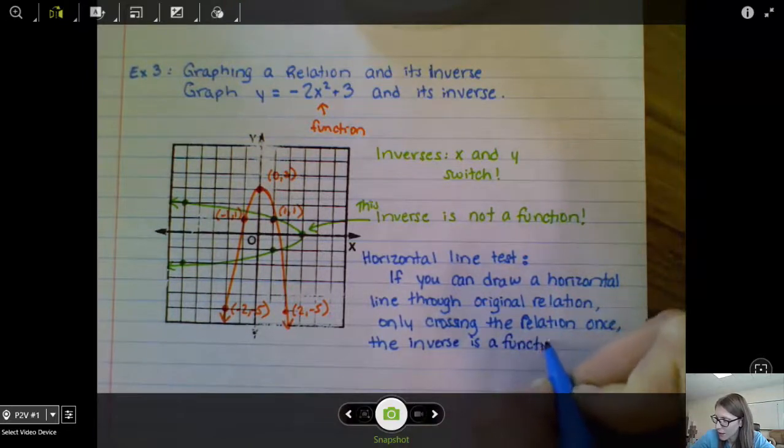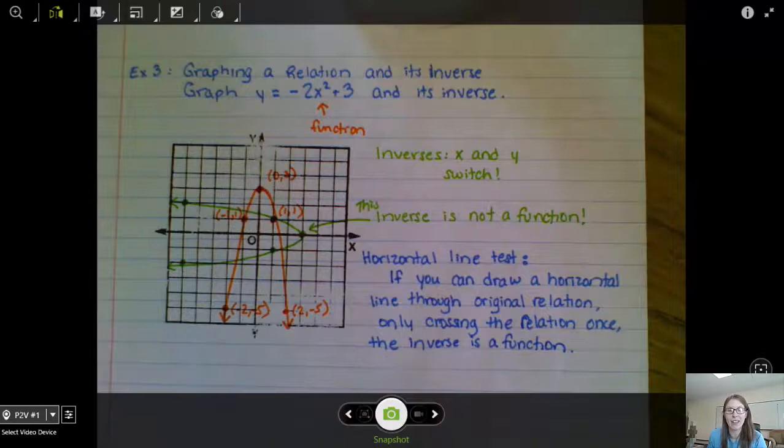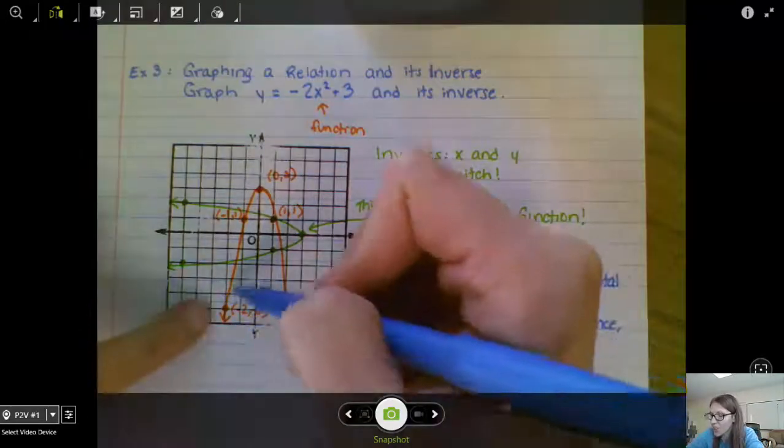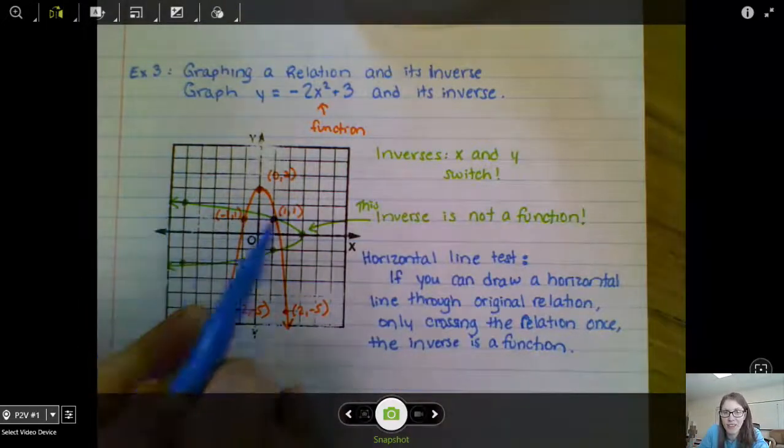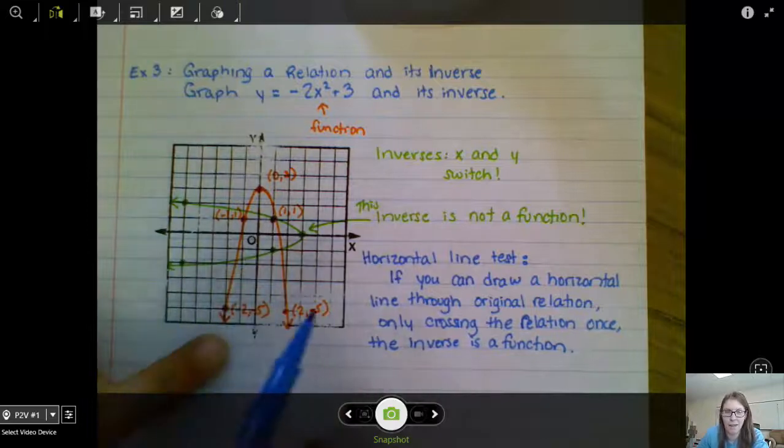Okay, so the inverse is only going to be a function if you look at the original, if the orange here, if we can draw a horizontal line and only hit our graph once.